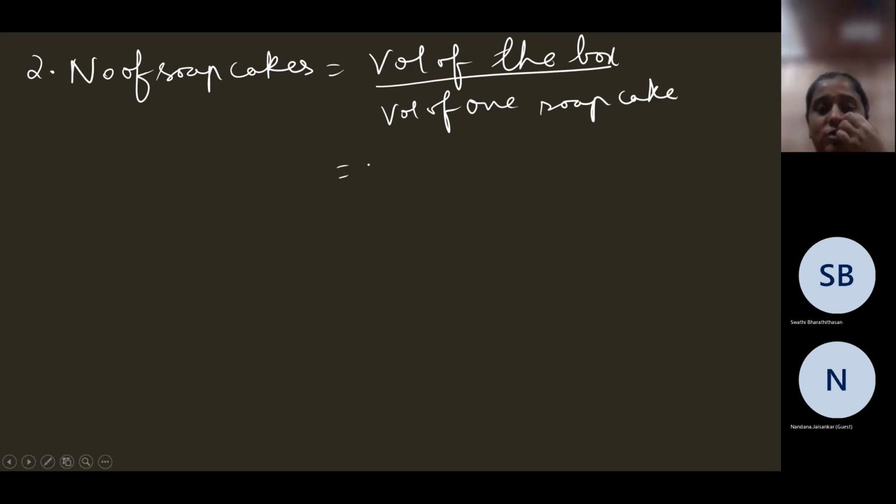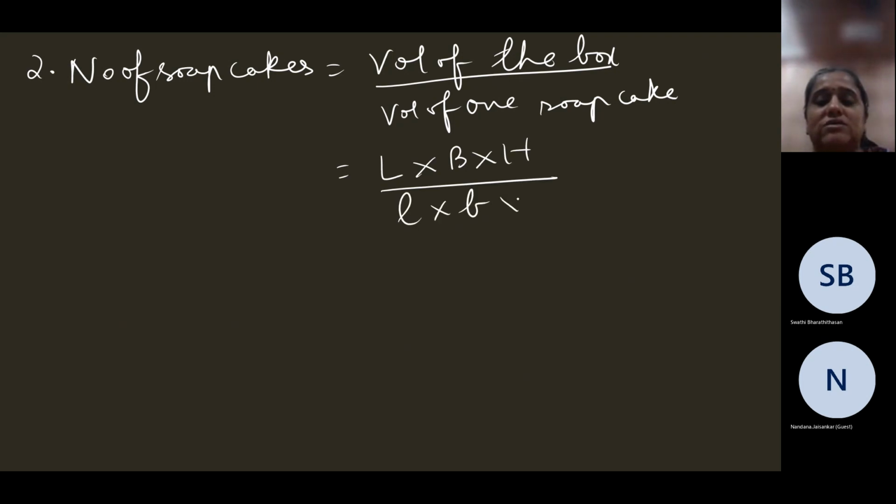From the dimensions, you can make out that both are cuboidal because you're given L, B, and H, three values for both. So the volume is equal to the volume of a cuboid, L into B into H, divided by L into B into H.